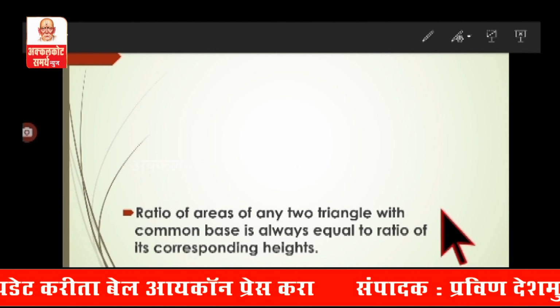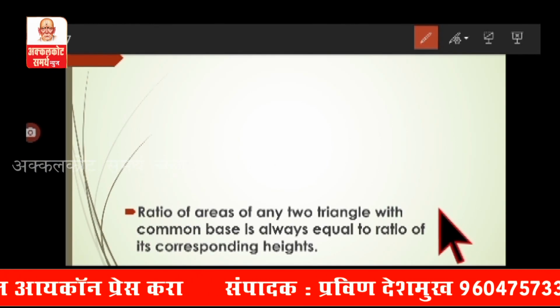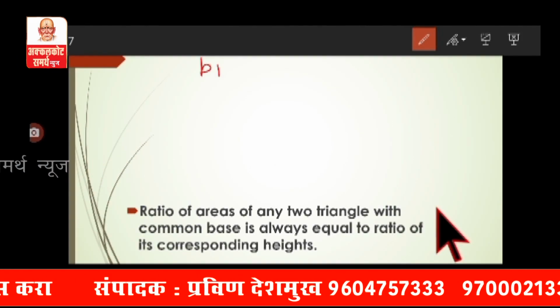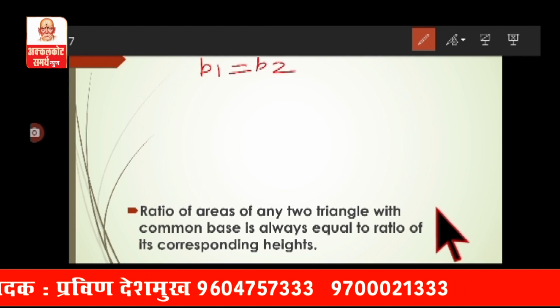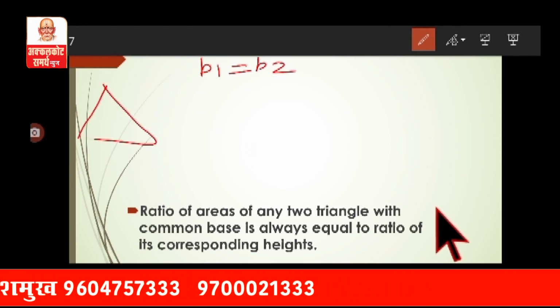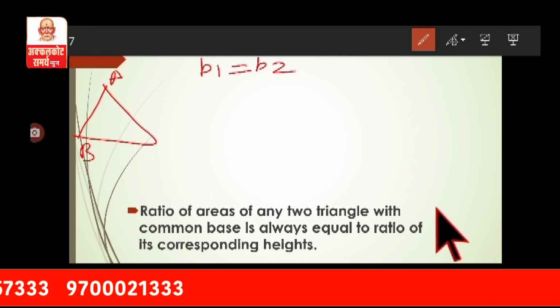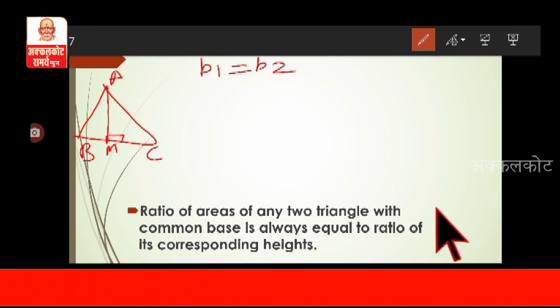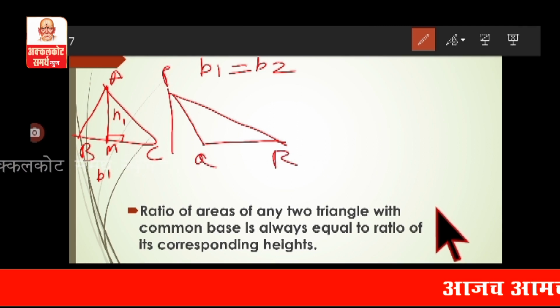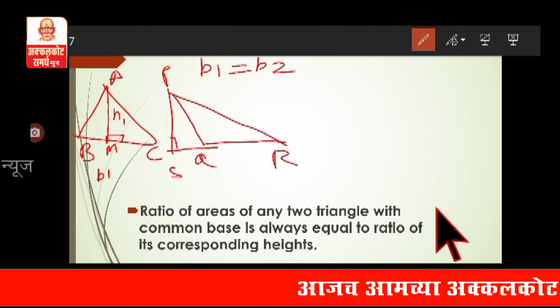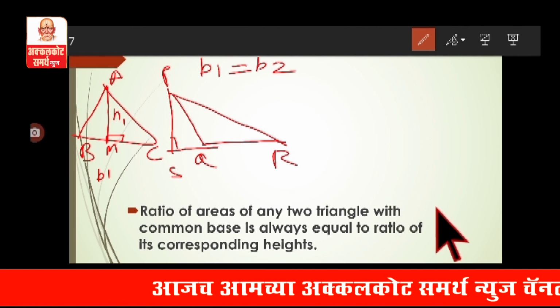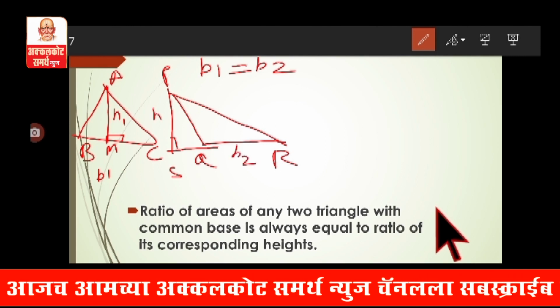Now the third one is also the same. Suppose in the same triangles, now the bases are equal, meaning B1 is equal to B2. In the figure, again this is ABC, AM is the height, BC is the base, H1 and B1, and here PQR and PS is the height we have taken, and QR is the base, this is B2, this is H2.